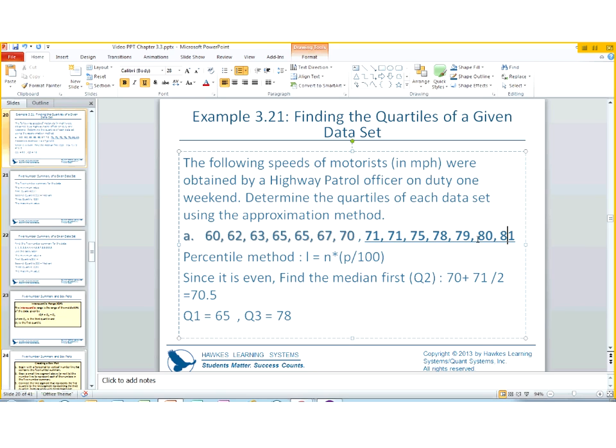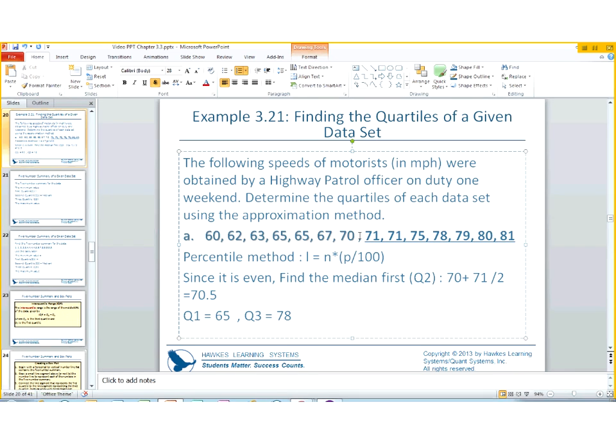I have 14 data values. Using the percentile method, I would just solve for it. But using the approximation method, since I have 14 values, I'm going to divide my data set in half, between 70 and 71, and divide by 2, and I get 70.5.